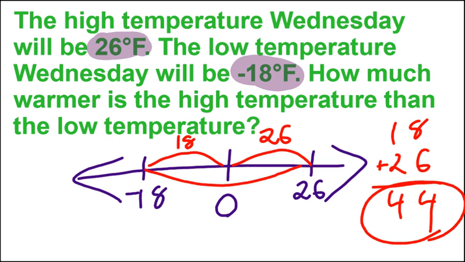And that is going to be our answer. So if it's asking how much warmer or how much higher, that sort of thing is looking at the distance between the two numbers. And if you just break it down on the number line like that, it probably is the easiest way to look at it.